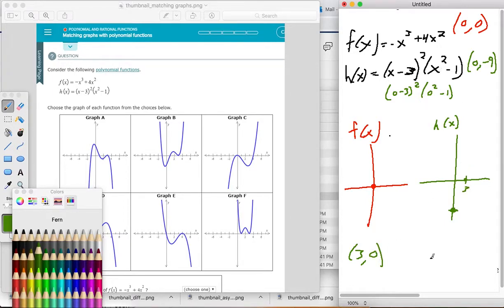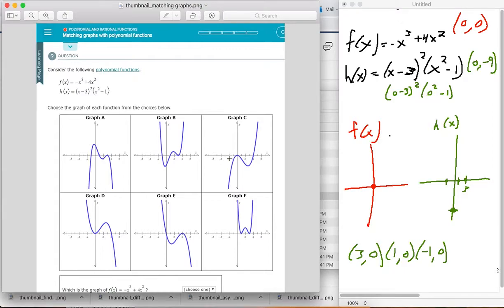And then you can spot it here. If you plug in a 1, 1 squared is 1, 1 minus 1 makes 0. And if you plug in negative 1 here, negative 1 squared is positive 1, 1 minus 1 makes 0. So we know it's going to cross at 1, 0 and at negative 1, 0.